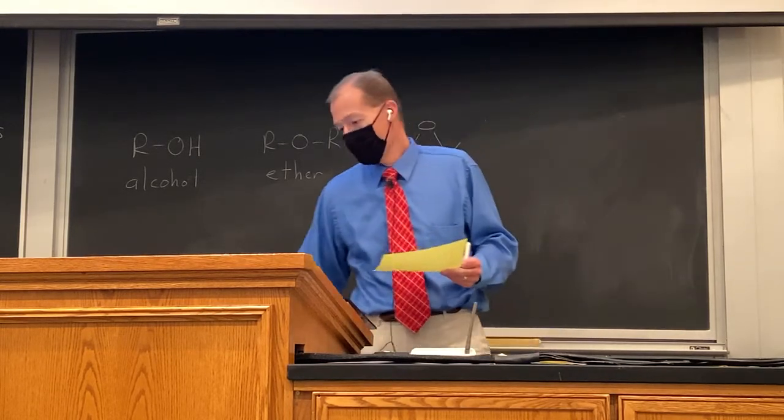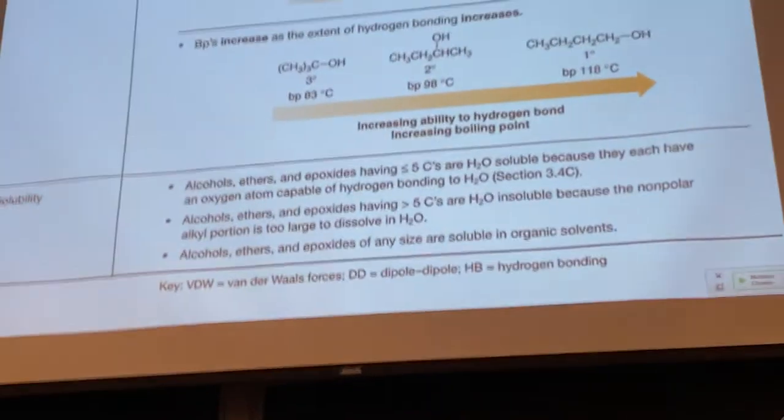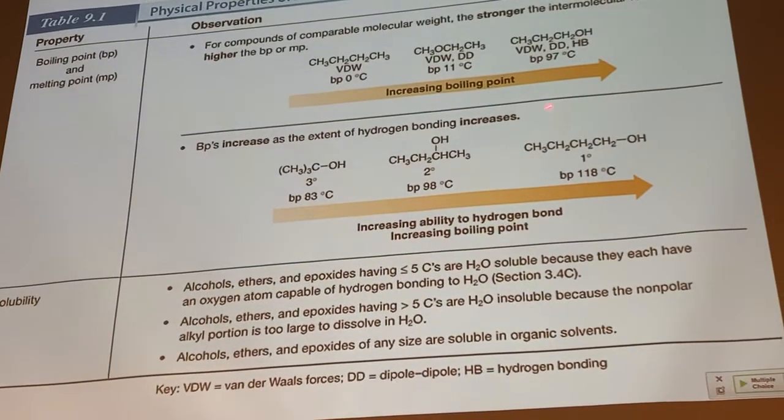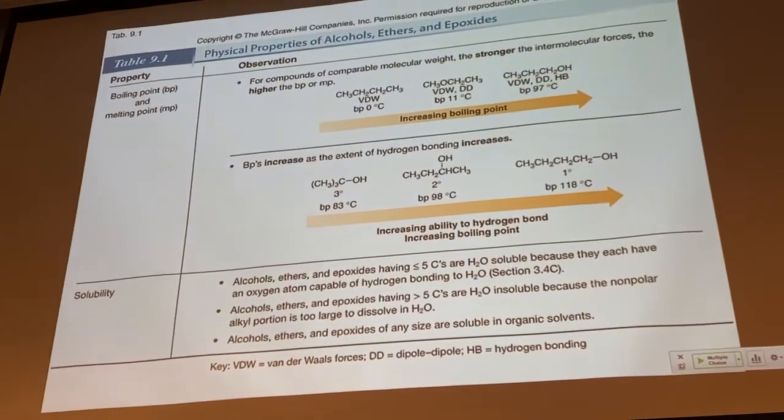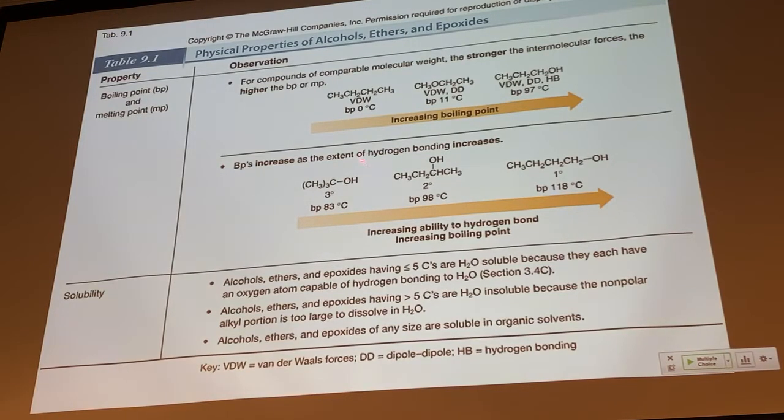Okay? So we have a table here that summarizes this, the facts that we've just gone over. So here we have an alkane, an ether, and an alcohol, all of essentially the same size. And you see the boiling point increases as we go from left to right.